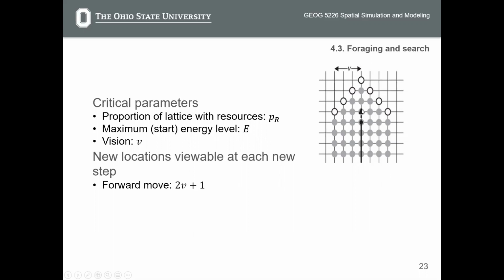After the next step, it will be at this location indicated by this black triangle, and it will know if there is food or resources at any of these newly discovered cells. If there is food on one of them, it will go directly to that cell to get the food and recharge its energy level to E.